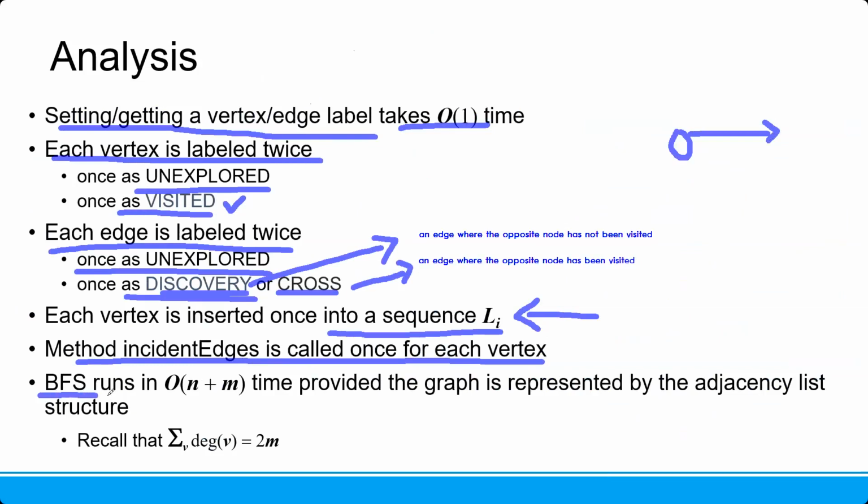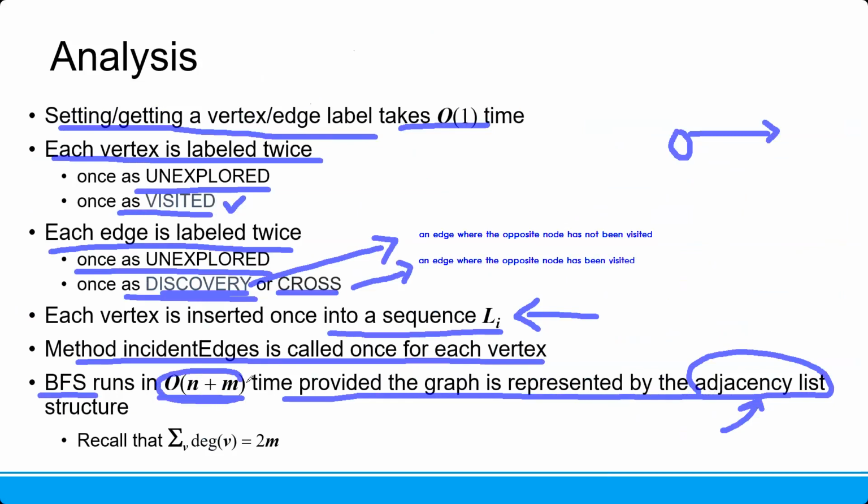So BFS runs in O(n plus m), provided that the graph is represented by an adjacency list. Recall that the summation of the degrees of V equals 2m.